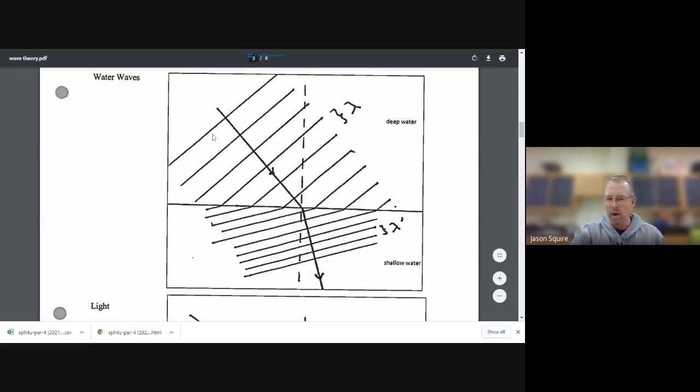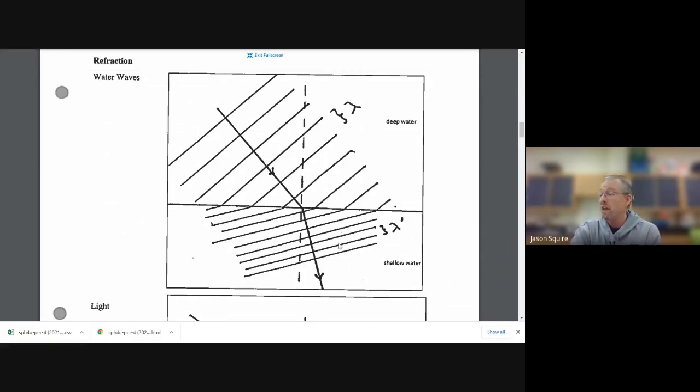Again, we've got wave fronts coming in towards this boundary layer, and these are going to be refracted wave fronts traveling away. We've got a constant wavelength in the deep water, and afterwards a constant wavelength in the shallow water. It's a different wavelength though, okay?